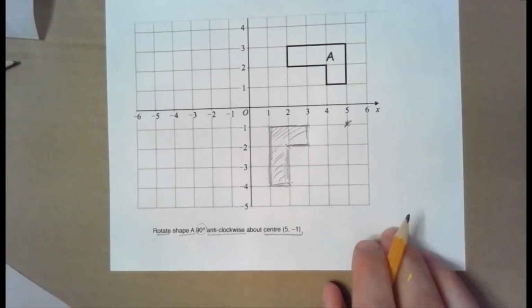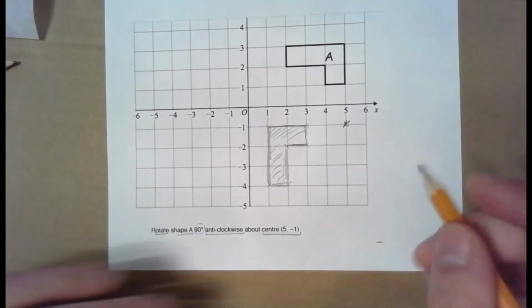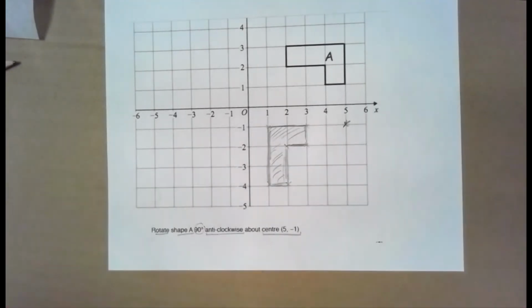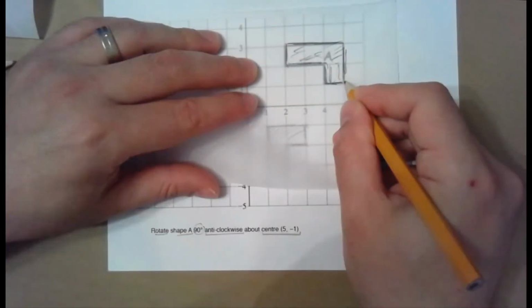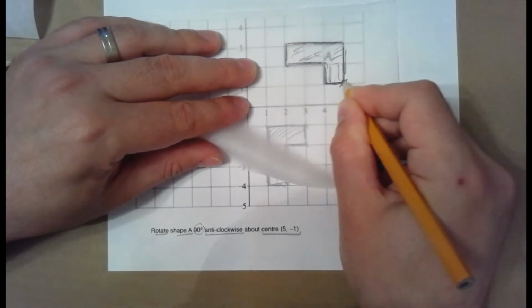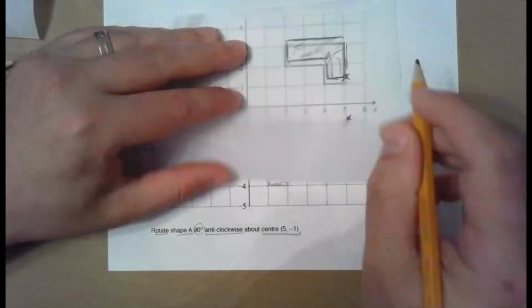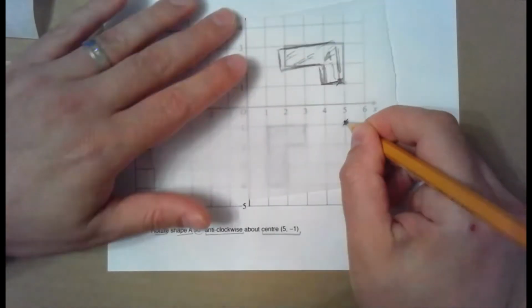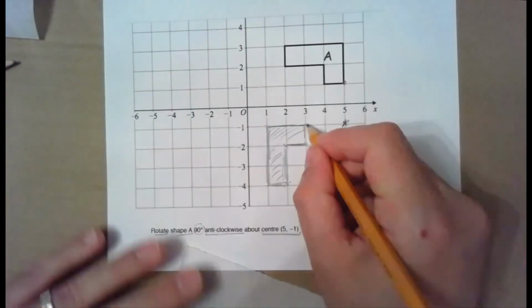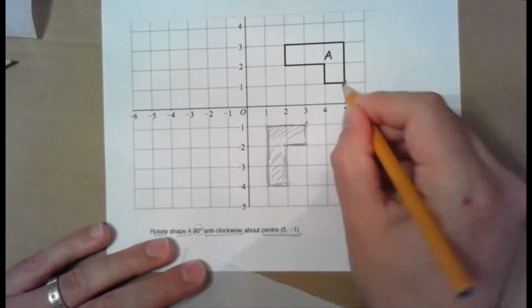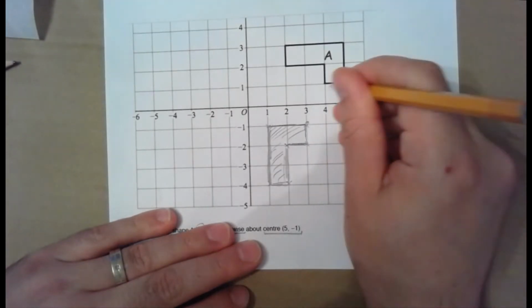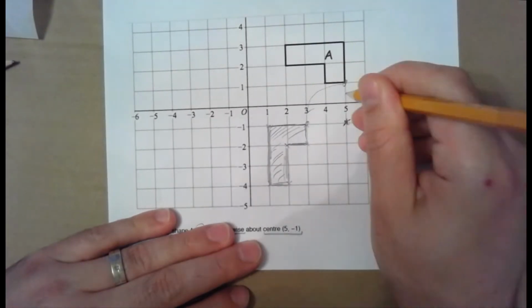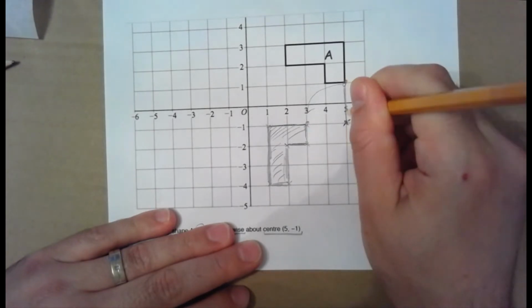And there's the rotation. Now, if I take a corner, so let's say that corner there of the shape, once rotated, that ends up here. So that movement there will be 90 degrees.